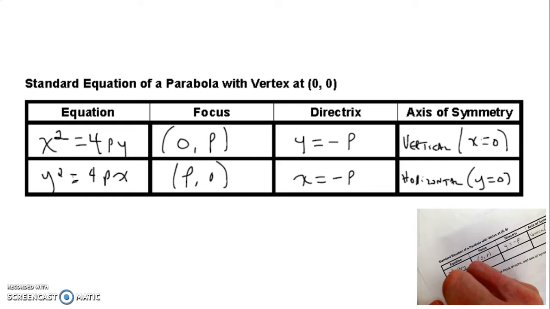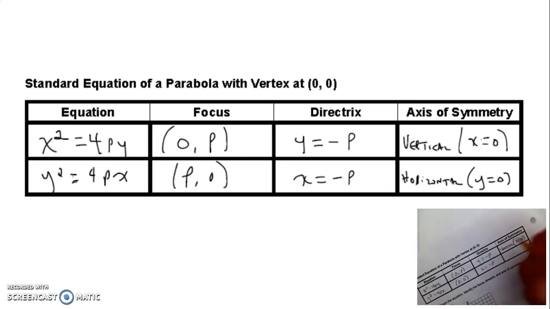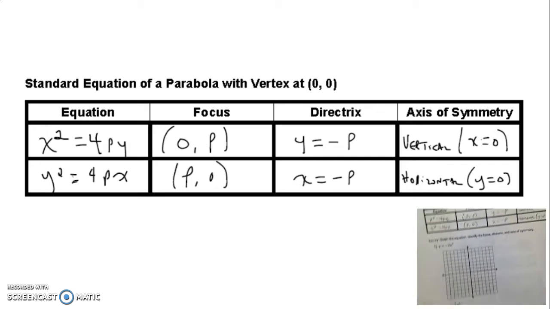When we go y squared equals 4px, the focus is at the point (p, 0). The directrix is the line x equals the opposite of p. The axis of symmetry is going to be horizontal, and that's, in our case, the line y equals 0.